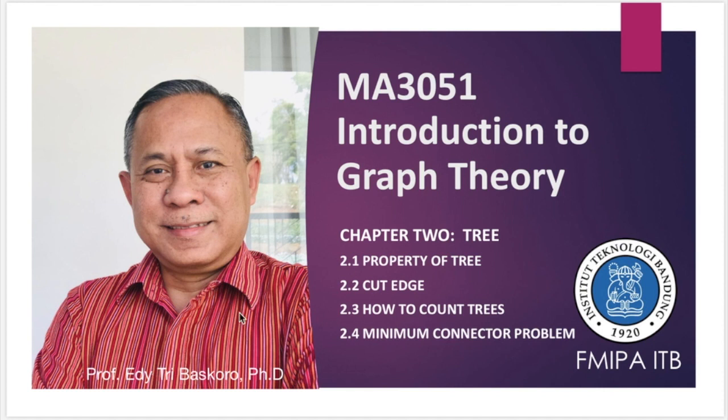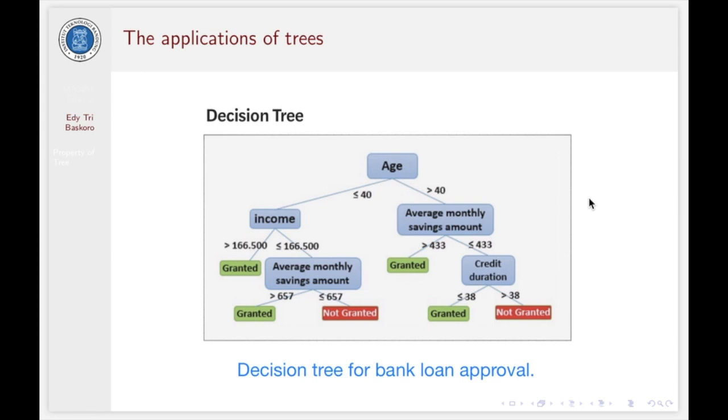Let us start by seeing various applications of tree structure in real-world problems. Tree provides various useful applications, as simple as family trees to as complex as trees in data structure of computer science. Here, one of the examples of trees that we call decision trees for helping the bank in approving bank loan.